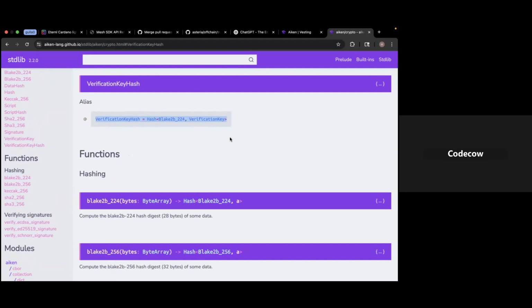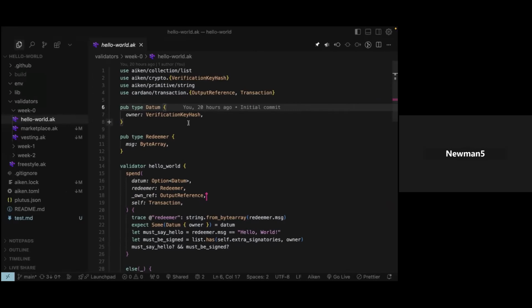Yeah, the structure of it is what we're discussing when we're talking about types. Exactly. So this is a piece of data that has this structure. And the structure is like a hash of the verification key. So it says hash. This Blake 224 is the algorithm which creates the hash of this data, which is the verification key. Cool? Does it make sense? Yeah. Okay, cool.